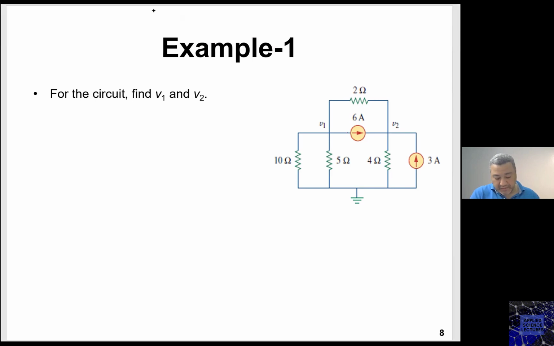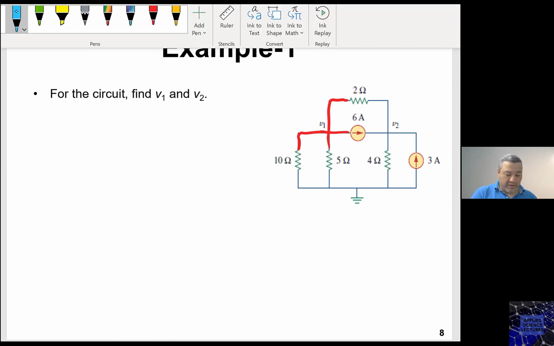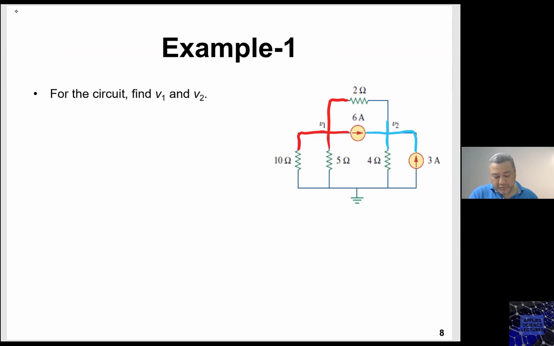So this is the first node that V1 was assigned to. I have the second node that V2 was assigned to.